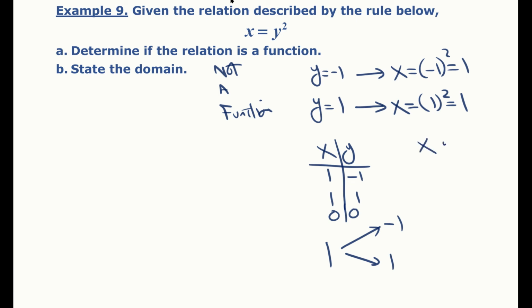For example, let's do a few more values. Notice that if y is -5, for example, x will be the square of -5, which is 25. If it's say -2/3, x is going to be the square of that, which is 4/9, right? And of course, positive values like 5 will also give you a positive result for x, and 2/3 will also give you a positive result.